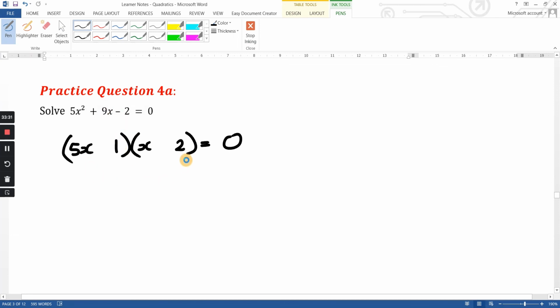Because 5 times 2 is 10, and these two together give me the 1x. So let's just figure out what signs I need. Definitely positive here because that's going to give me positive 10x, and I need to minus 1x. Yep.